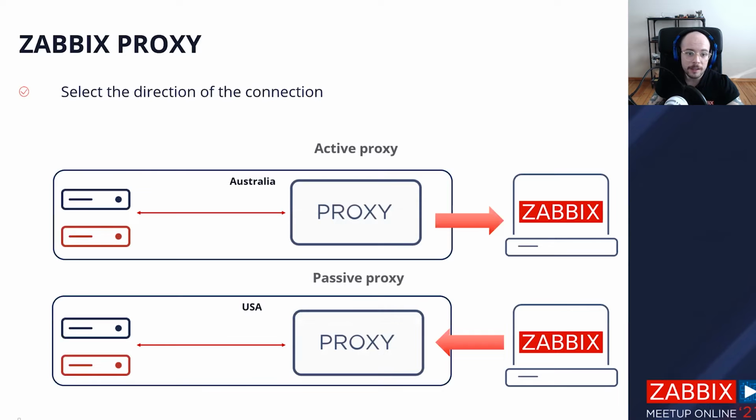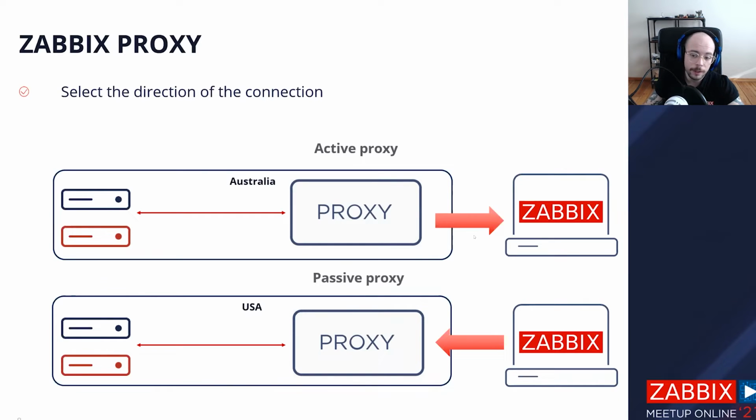We can also select the direction of the connection. We can have passive proxies, which get pulled. This is the bottom image, where essentially the Zabbix server pulls the data and sends the configuration to the Zabbix proxy. So the Zabbix server is the one responsible for establishing the connection to the proxy. Or we can have active proxies.